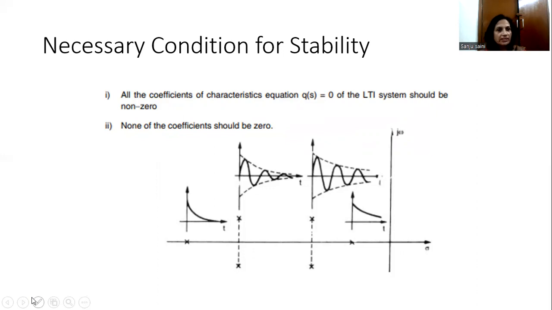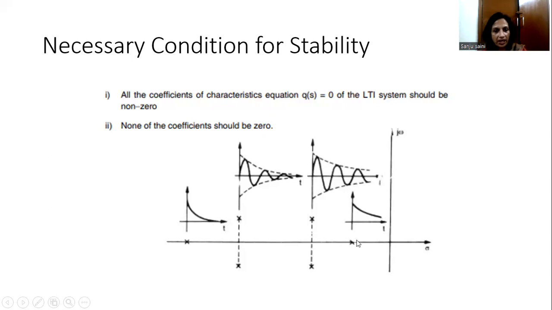If there are sign changes in the coefficients of the characteristic equation, it means that some roots are lying in the right half of the S-plane also. That we can see here also. In case the root is here, then the response has a tendency to become zero in the absence of the input. When we are having this complex conjugate pair of roots, again the system response has a tendency to become zero ultimately.